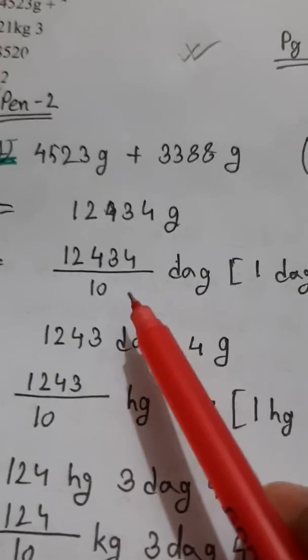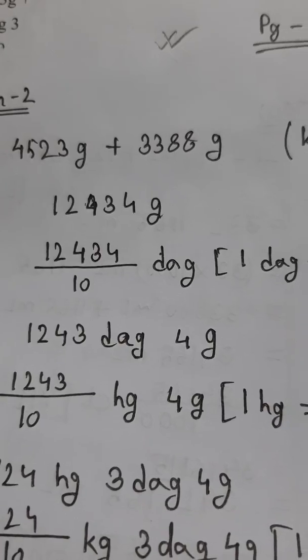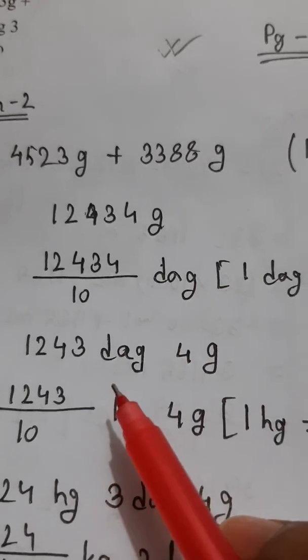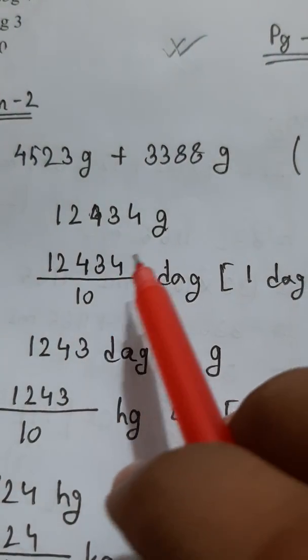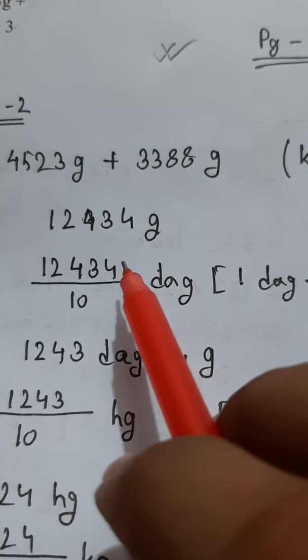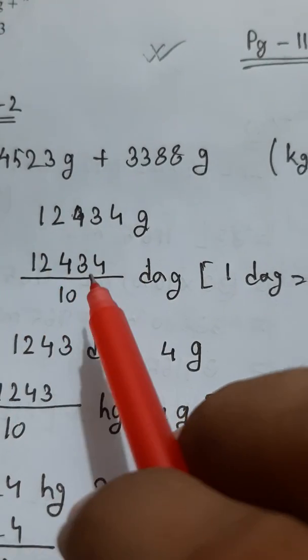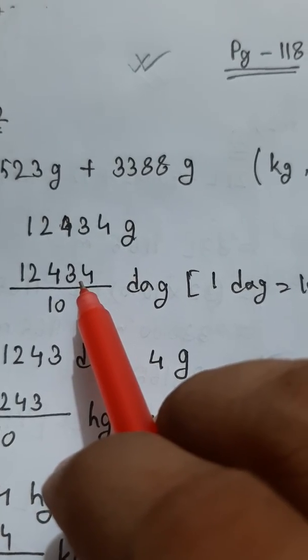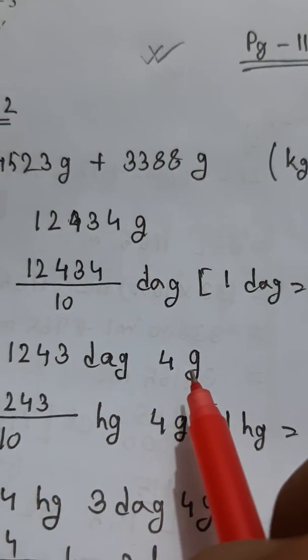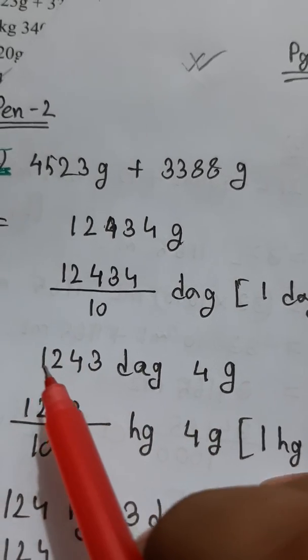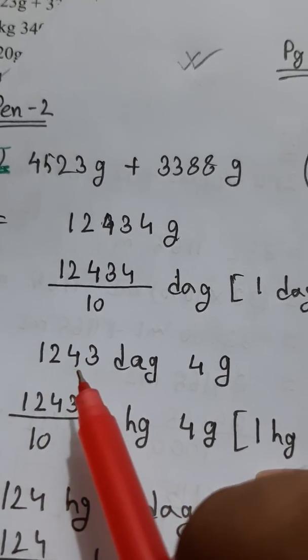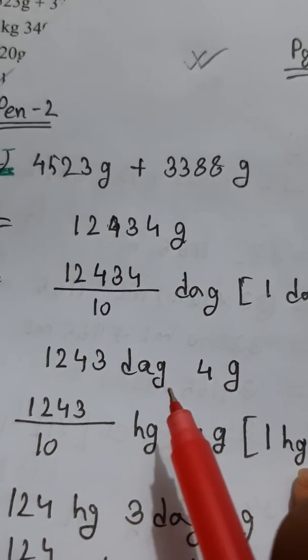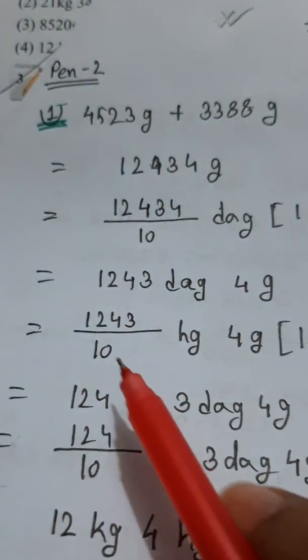If we divide by 10, you use a comma. Therefore 1 digit from right side to left side, 1 digit. Here use comma. 4 gram and 1243 decagram.